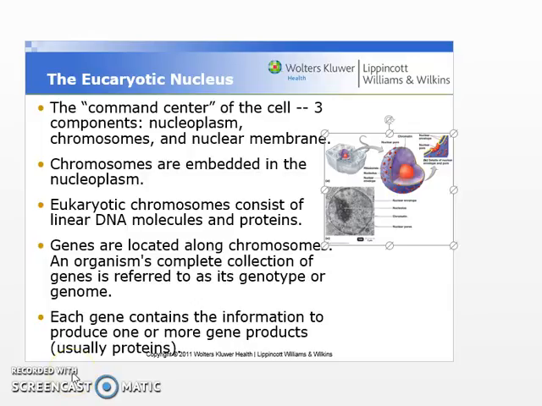And each gene is going to contain the information that's used to produce one or more gene products. So what happens is when that gene is encoded in the chromosome, or your genetic material, and then the process of transcription happens, that gene is converted from a DNA sequence into a messenger RNA sequence.